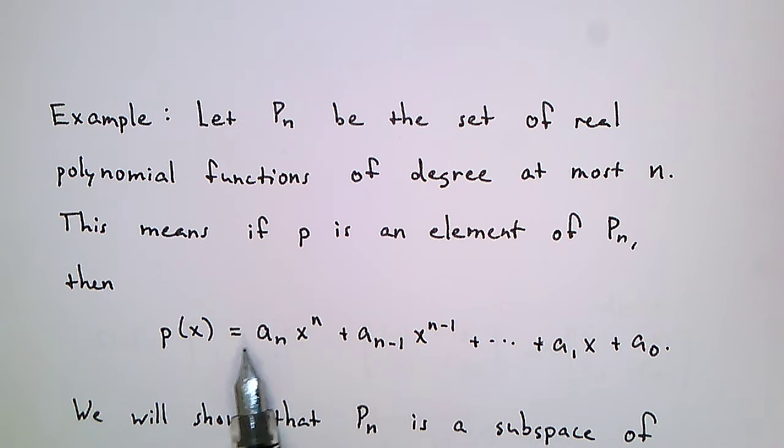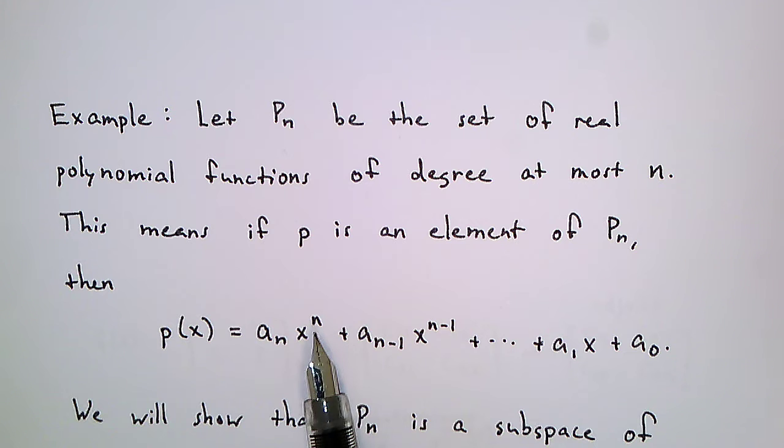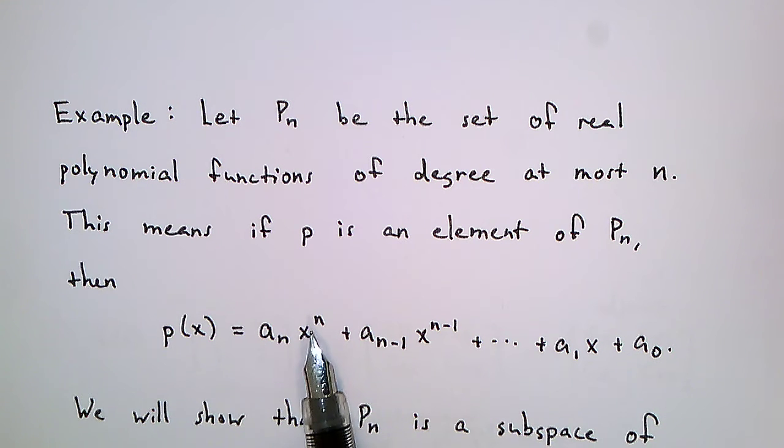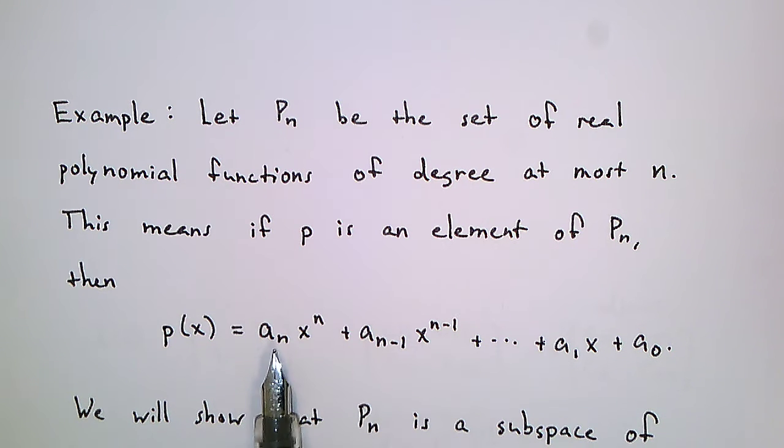So I know there isn't an x to the n plus 1 term, or an x to the n plus 2, and so on and so forth. This has to be the largest power of x that appears in my polynomial. Now this coefficient, this a sub n, could be 0. It could be that the degree is less than n, but this is the highest that it can be.